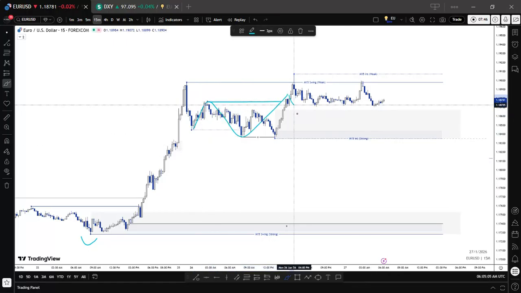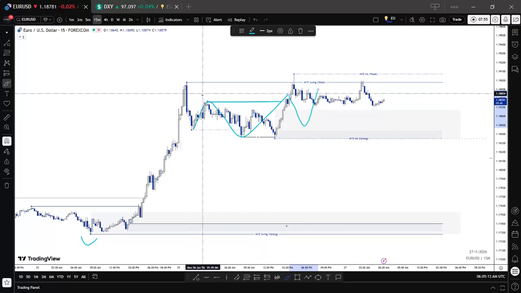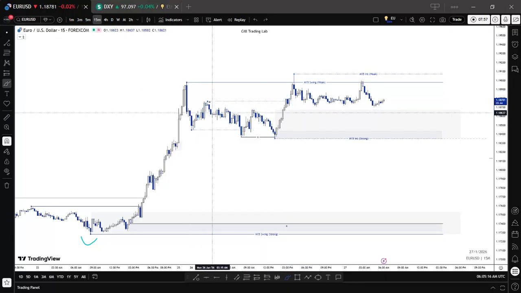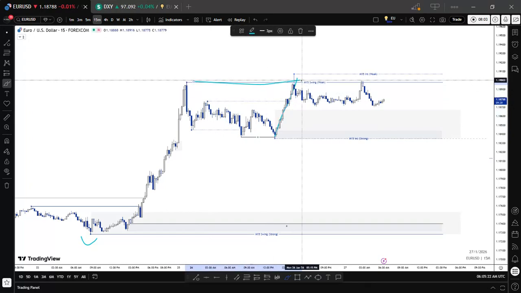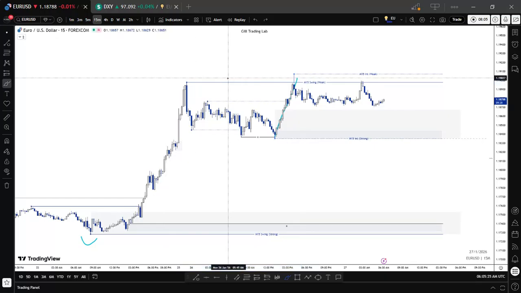Internal structure signals for us the start and end of the swing pullback. So the moment it shifted bullish, it was a confirmation for the end of the swing pullback, which price came and, instead of breaking above the high, it just swept the high. So price did not break above the high.